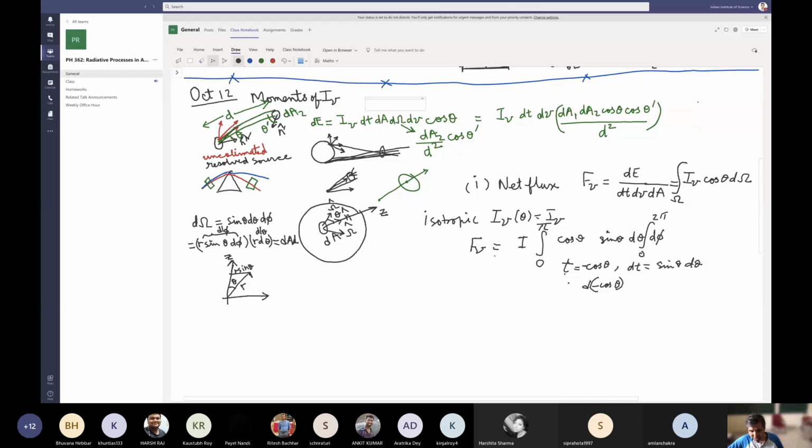So basically this becomes I times, since cos 0 is 1, t goes from minus 1 to plus 1, t dt, and there is a minus sign.